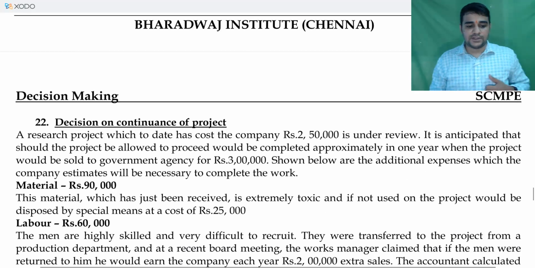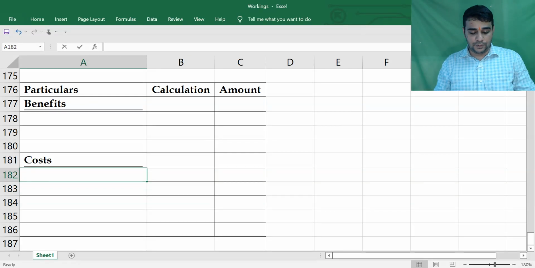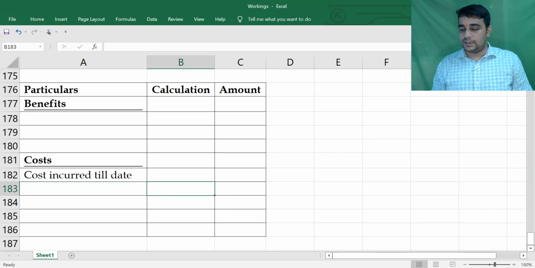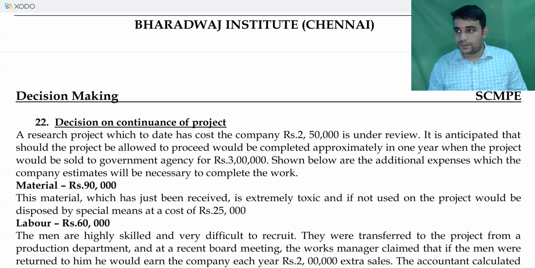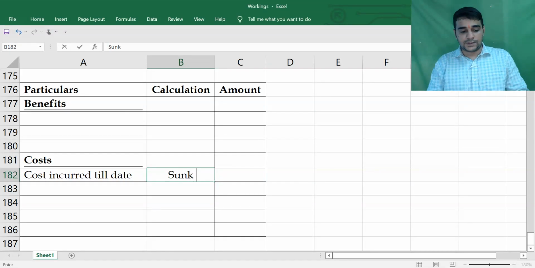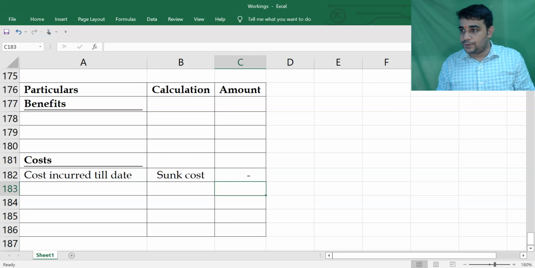A research project which to date has cost the company 2,50,000 is under review. Cost incurred till date, that's the first item. We have incurred 2,50,000. How much of this is relevant? Zero. Sunk cost. Cost incurred till date, sunk cost 0.